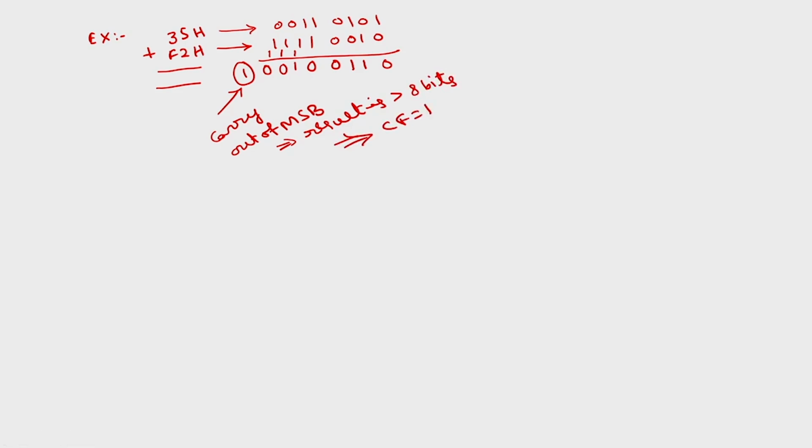If I take another example for 16 bit, say subtraction 2FFH minus 3000H.